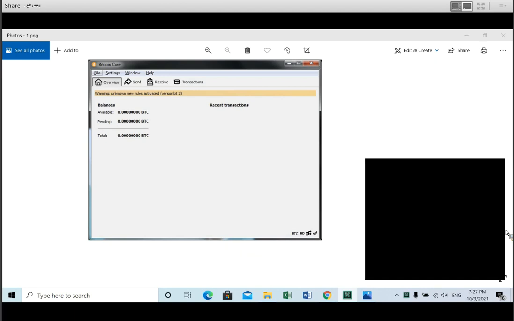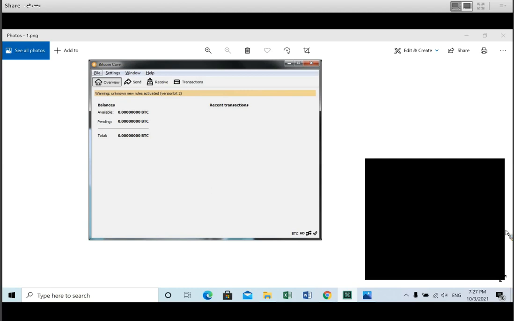Please note, I didn't have Bitcoin Core installed on my laptop, but in another place I installed Bitcoin Core.